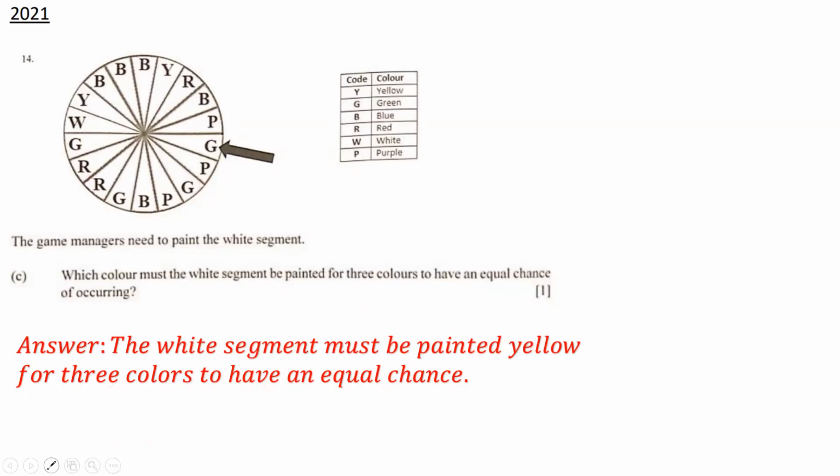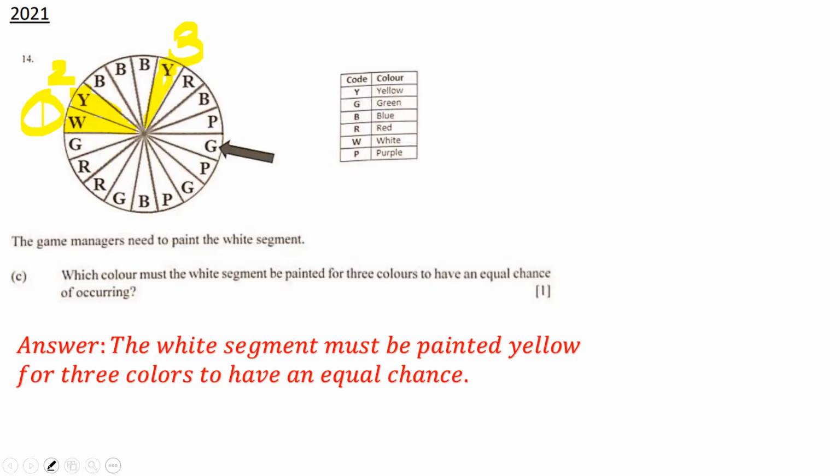Now, why yellow? Let's say, for example, that this white was painted yellow. That means we'd have 1 yellow here, and another yellow here, so 2 yellows, and that means we'll have 3 yellows.